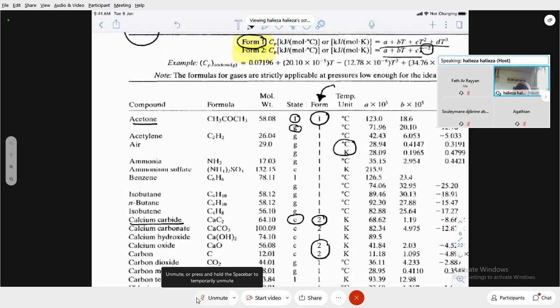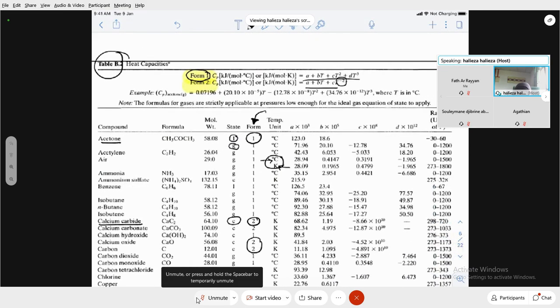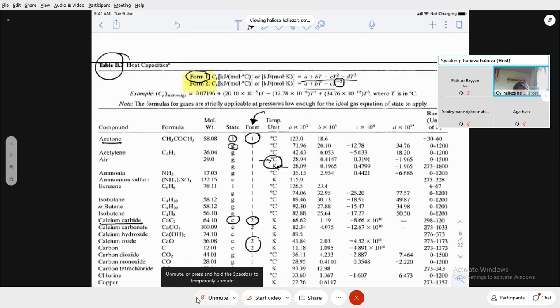Whenever you integrate, if you're using degree C, then the temperature will be in degree C. If you're integrating using Kelvin, then your temperature will be in Kelvin. So whenever you look at the appendix, have a look at the form, the state, and the unit of the temperature before you start writing your equation and before you start calculating.